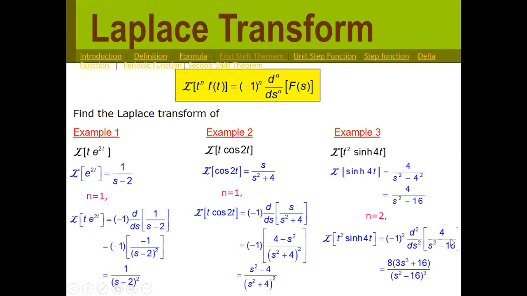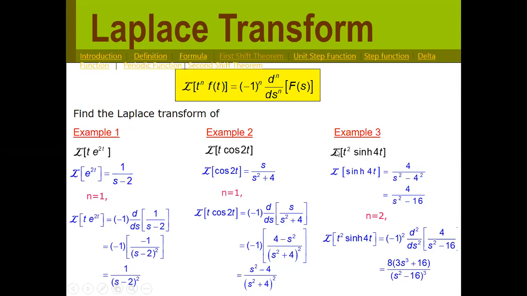So bila bezakan kali pertama menggunakan quotient rule dapat jawapan. And then that answer you need to differentiate again menggunakan quotient rule and you get this answer. And don't forget the minus 1 square. Minus 1 square of course dia akan dapat positif lah. It does not affect anything. Okay. So inilah dapat jawapan.